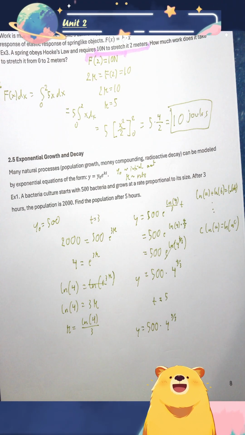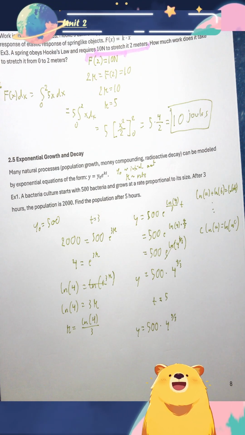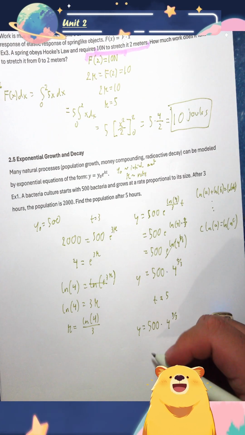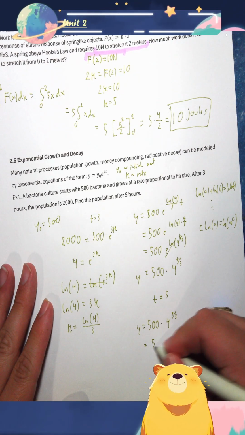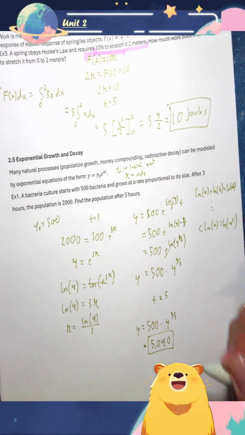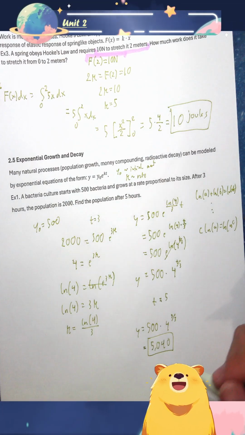I'll just type it in, but at this point, we could just type in the whole expression. So 500 times this 4 to the power of 5 over 3. And if it's population, I'm going to go ahead and round up, and I'll get 5,040. So hopefully when you type that into the calculator, you get the same thing as well.